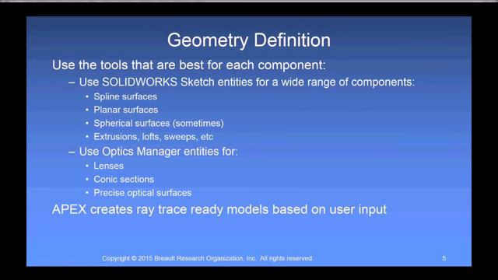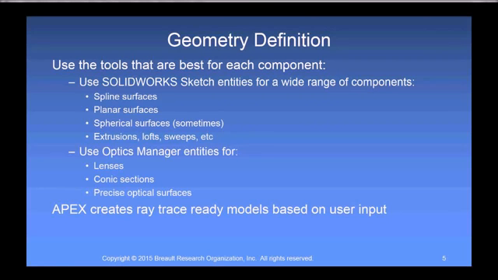Again, when it comes to defining the geometry, you use the tools that are best for any particular component. Obviously within SOLIDWORKS, the sketch tools, spline surfaces, planar surfaces, sometimes spherical surfaces, extrusions, lofts, sweeps, etc., create the basic structures in your system.